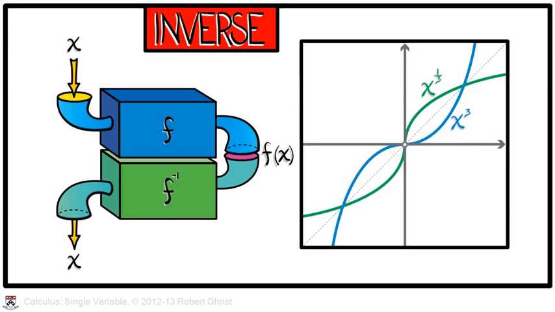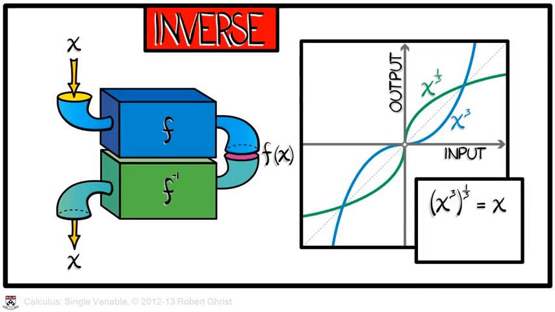Now, there are several ways to see why this is right. One is that in taking the inverse, we are reversing the role of the input and the output. Or geometrically, we are flipping the graph of this function along the diagonal line where the input and the output are equal.